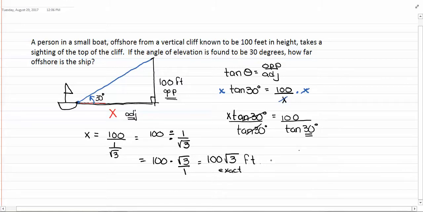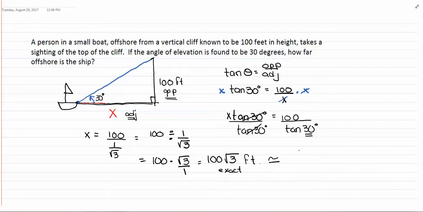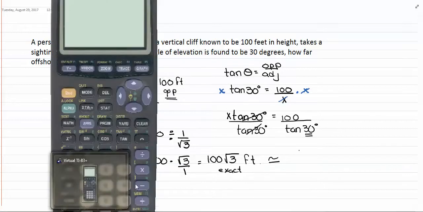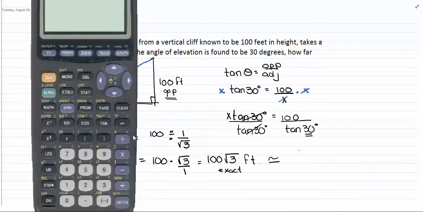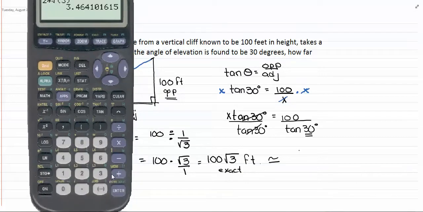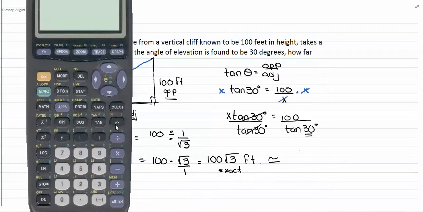If, however, I want a decimal approximation, then I'm going to have to use my calculator, and I can type it in. Let's see. I need 100 times the square root of 3.